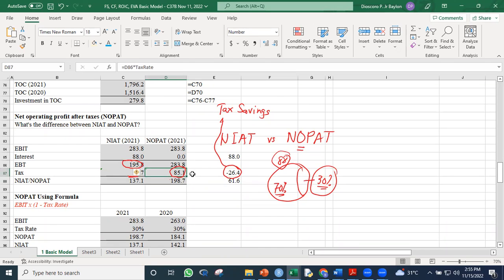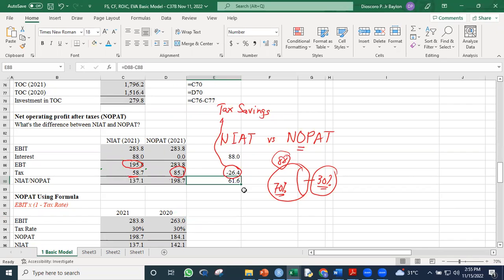Even if the NOPAT was not charged with interest, they will incur a higher amount of tax because it will have a higher taxable base. However, NOPAT will still be higher than your net income after tax.